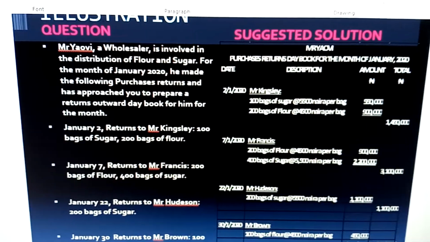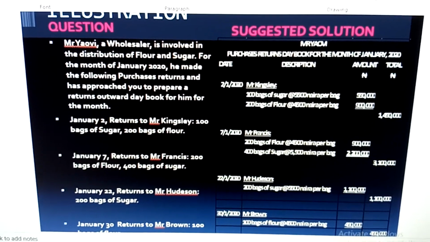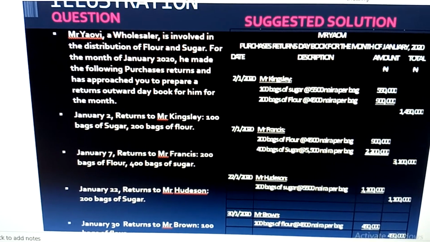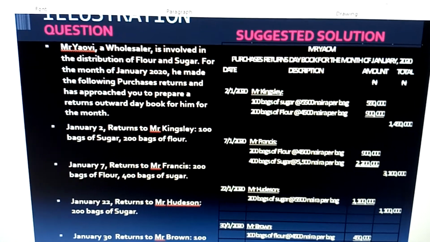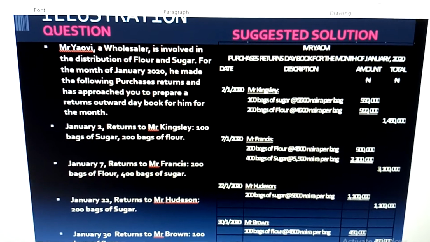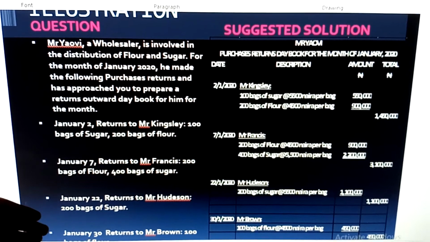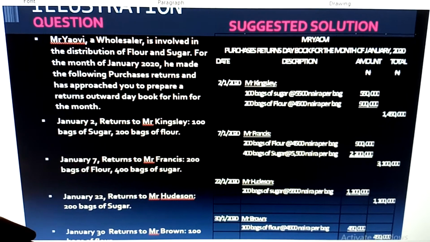Now, an illustration explaining how the returns outward book is prepared. Remember, it is connected to your purchases. So in the question, you can see that the price of the goods returned is not stated.